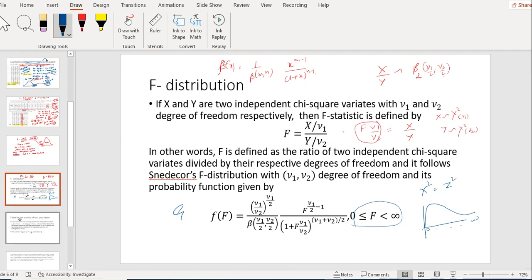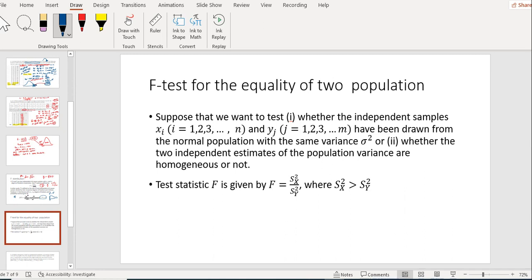Now come to the F test. The F test is basically used for the equality of two population variances. If you remember, in the t-test for the difference of means, we made one assumption that the two population variances are equal, that is sigma 1 square equal to sigma 2 square equal to sigma square.